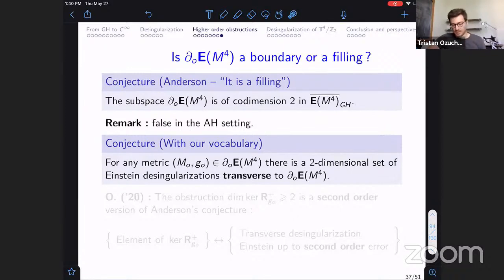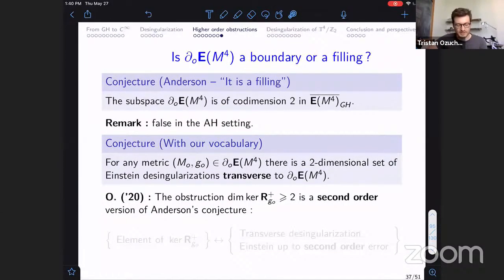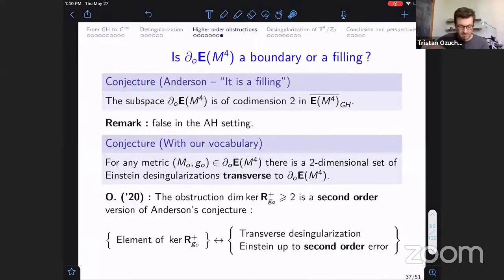And so again, this second obstruction is a second-order version of this result, because there is a correspondence between the elements of the kernel of the self-dual part of the curvature and the directions of desingularizations, which are Einstein up to second-order error.